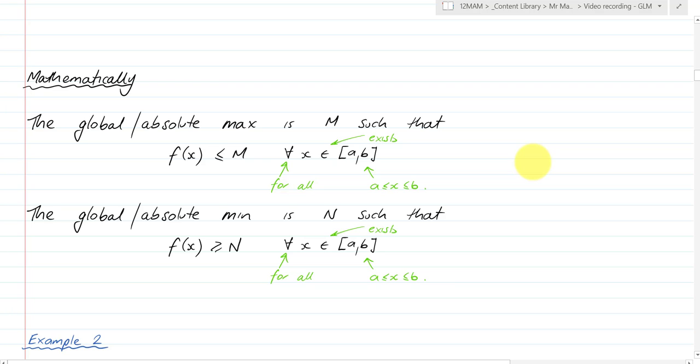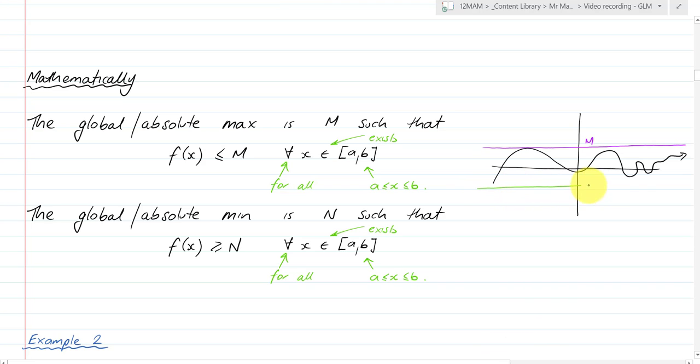So just take some time to think about it. If I've got a function here, let's do something weird and wonderful. Then we might say that the global maximum is here, m, because the function is always below m, and the global minimum is here because the asymptote's there, and that's n. So it's always between n and m. And n and m could be infinity or negative infinity or both.